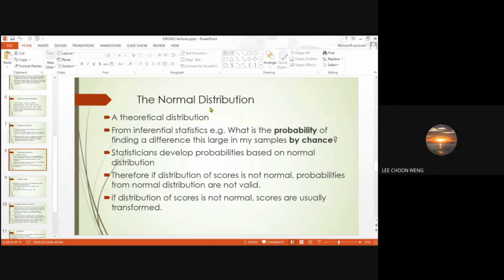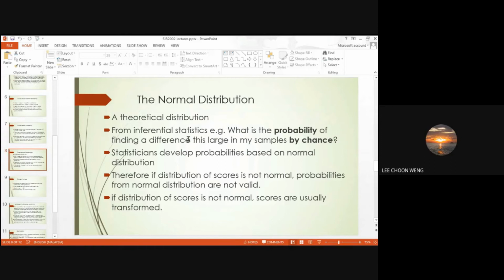Most of the probability distributions, the Student's t-test distribution, the F, Fisher's distribution, are all based on your sample being in a normal distribution.